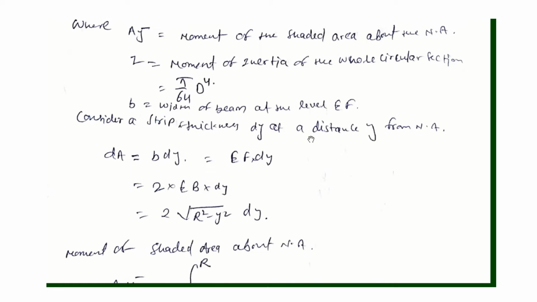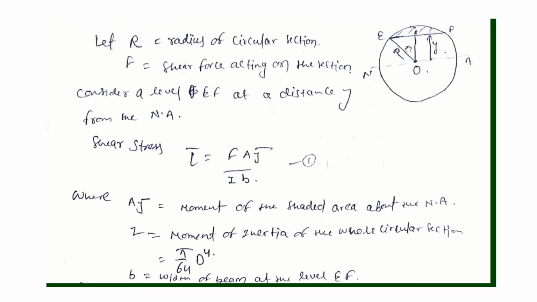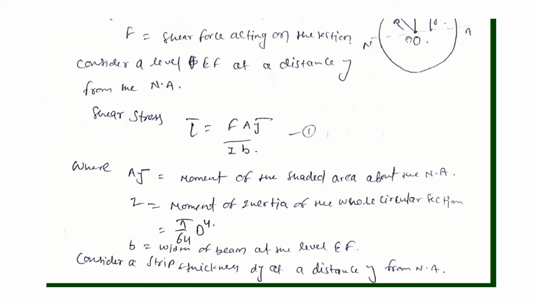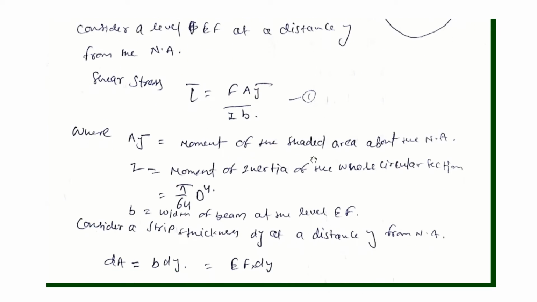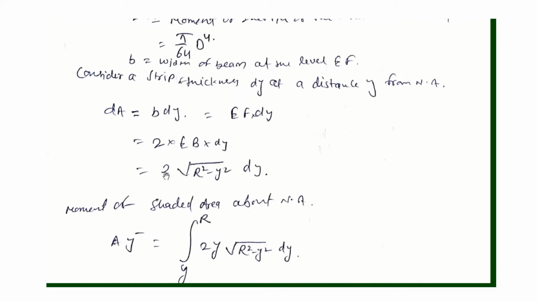EB is found using the Pythagoras theorem in the triangle OEB. Here is the hypotenuse, here is the perpendicular, and this is the base. So we want the base. Using r and y, root of r square minus y square is the base. So dA is 2 root of r square minus y square dy.